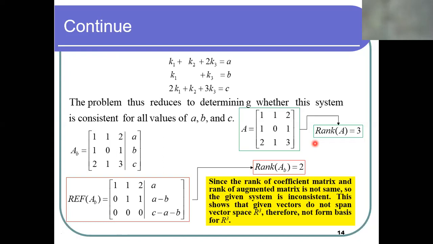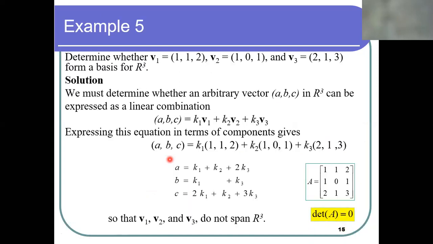That means k1 can be written as a combination of k2 or k3, or k2 as a combination of k1 or k3. If k1, k2, k3 could be written only in terms of arbitrary values a, b, c, then we could say the system is consistent. But due to this zero row, it does not qualify for independent values of the ki's. So these do not form a spanning set.